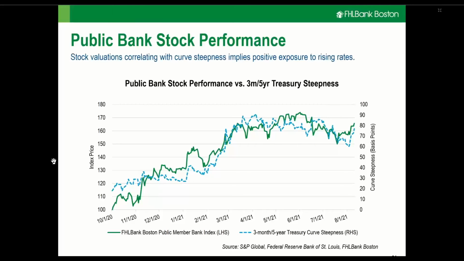And, we plotted that in green versus the steepness of the Treasury yield curve from 3 months to 5 years, which I think is a pretty relevant set of tenors for depositories. And you can see, again, just from eyeballing it, they track pretty closely. So as the rise in bank valuations has occurred, it's coincided with the steepening of the yield curve.